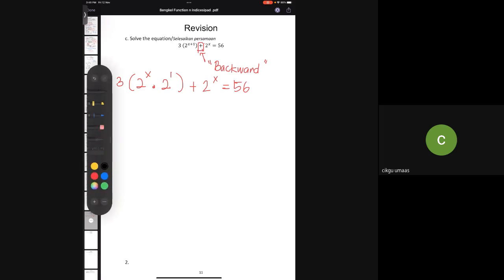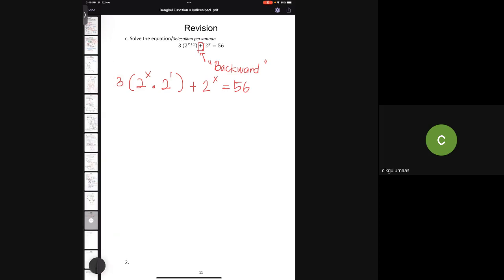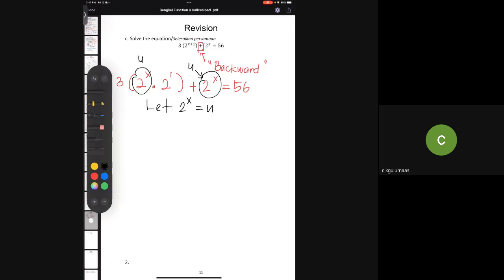First step. Okay, to make it easier for me to understand, I put in let 2 power x equal to u. So, ini akan jadi u, ini pun akan jadi u. So, mathematically, anda tahu ini semua adalah dalam keadaan darab. So, 3 darab 2, 6u, tambah u, 56.